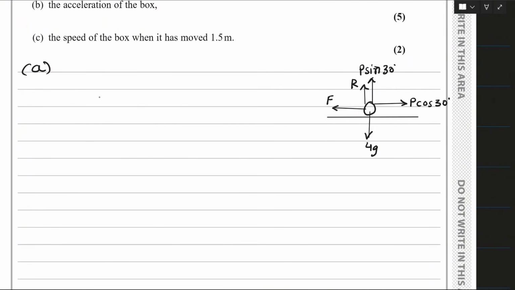A condition given in our question is that the particle is on the point of sliding along the surface. We know that when the particle is on the point of sliding, the horizontal force will be equal to the maximum friction force provided by the surface.